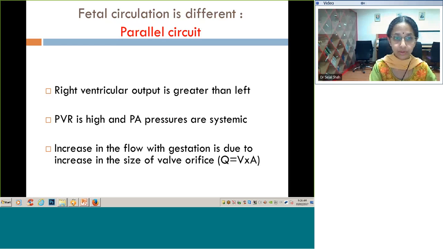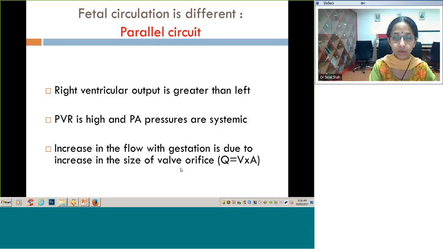The second important understanding is that the fetus has high pulmonary vascular resistance and high pulmonary arterial pressures. And the third is, as gestation proceeds, there is an increase in the flow, which is primarily due to an increase in the size of the valve orifice.